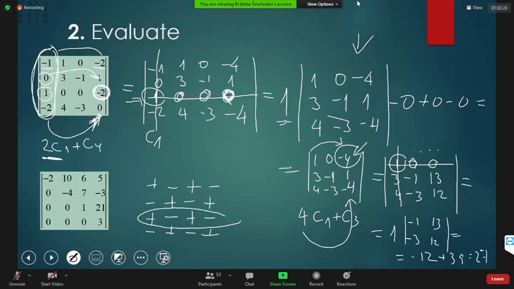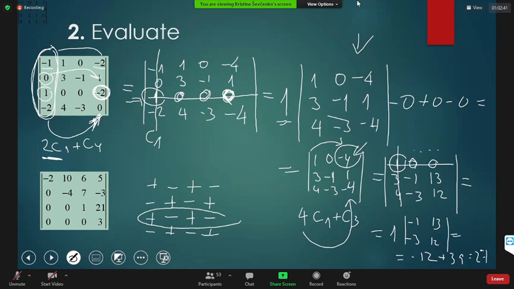So in principle, we see now why the properties of determinants are so useful, especially this property of multiplying one column by some number and adding it to another column, or multiplying one row by some number and adding it to another row. They are very good to make zeros.